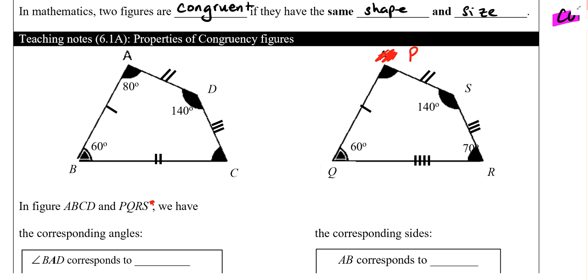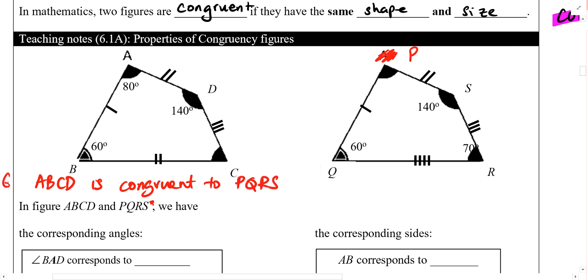There are certain angles that are the same. So just put in a line over here first that ABCD is congruent to PQRS. This is given. If the question tells you that ABCD is congruent to PQRS, then we can continue.